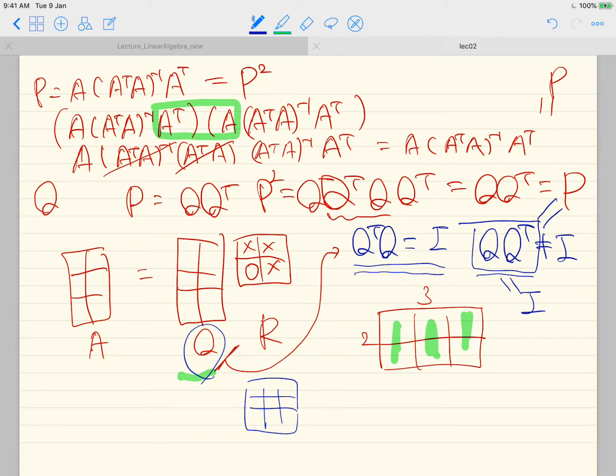In the case of a square matrix, if we found one kind of matrix in the place of this Q transpose that makes this something times the original matrix equal to identity, then if we reverse the order, that should also produce the identity matrix. And its meaning will still be a projection, right? So our projection in the case of a square orthogonal matrix will be the identity matrix.